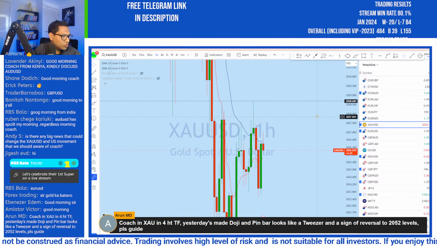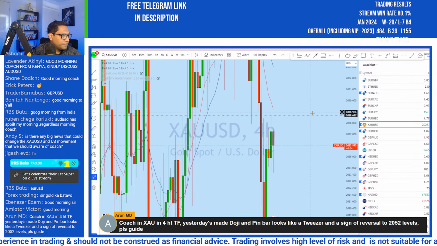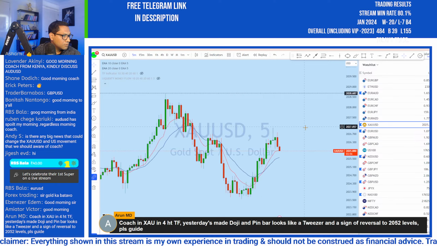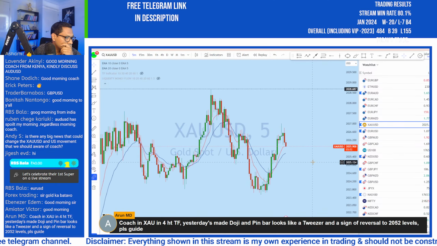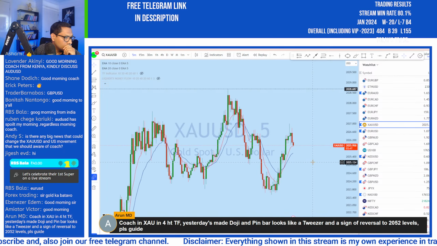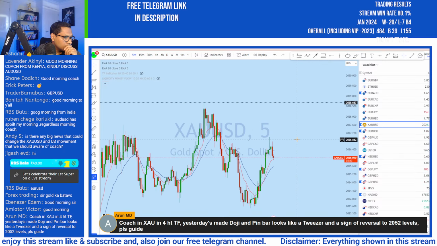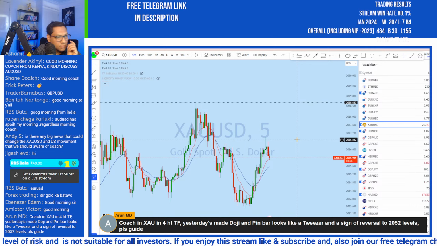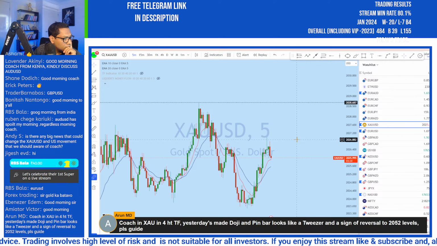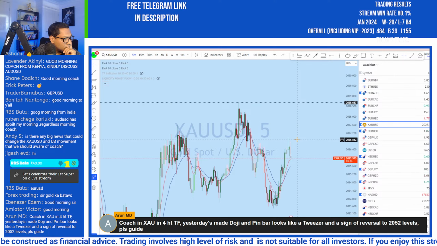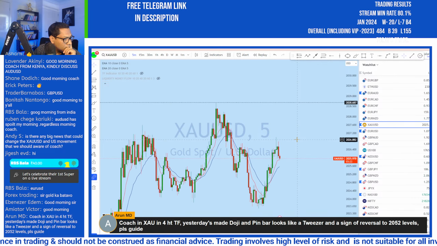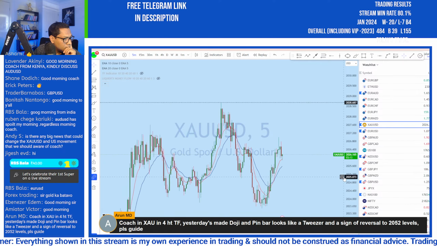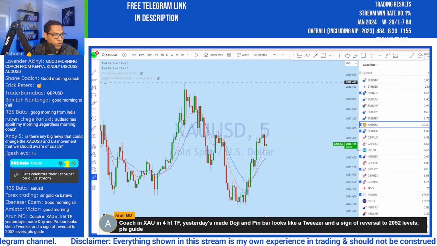Might just range in that area on EUR/USD for some more time. Okay, so here we need to see a bit clearer entry, then we'll be looking at that.